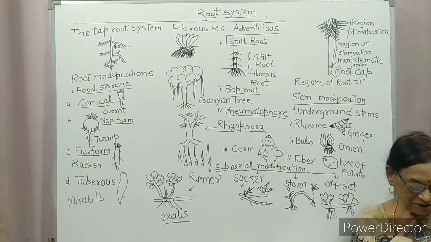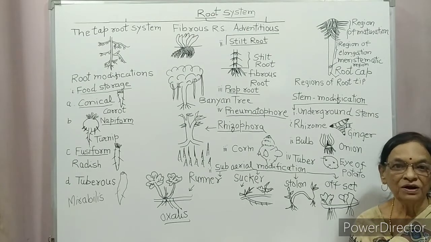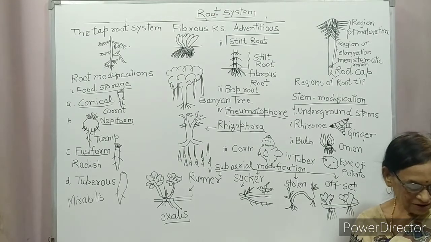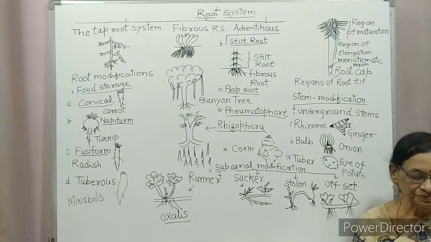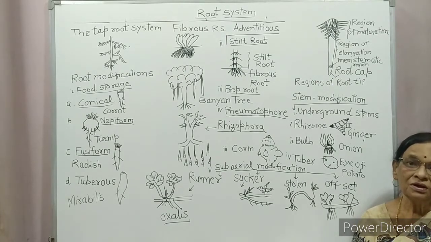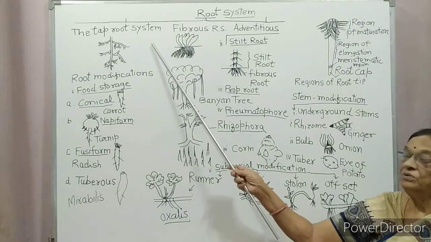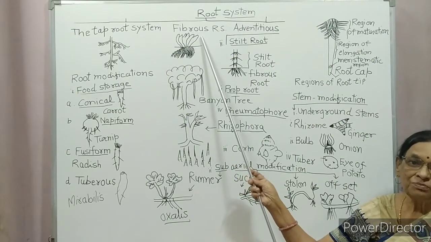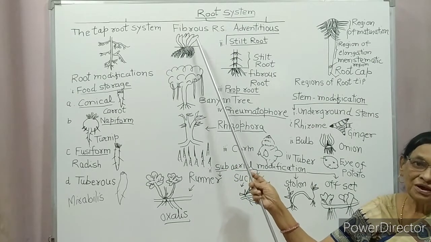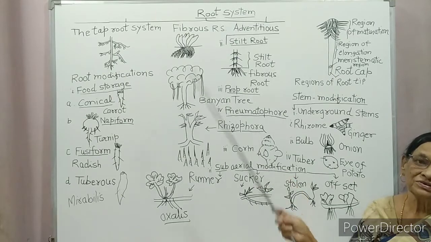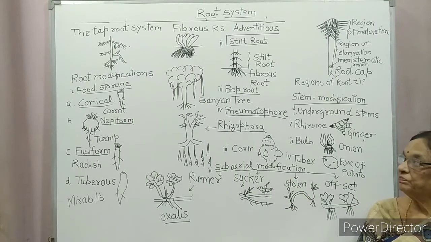Roots have no bud. Buds are absent in root. Now the roots are of three types: the taproot system, fibrous root system and adventitious root system.